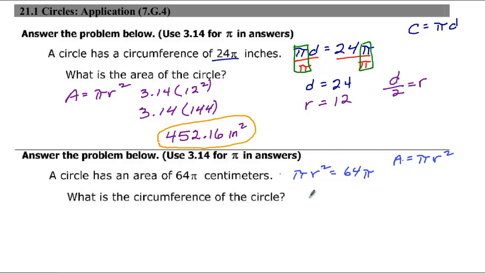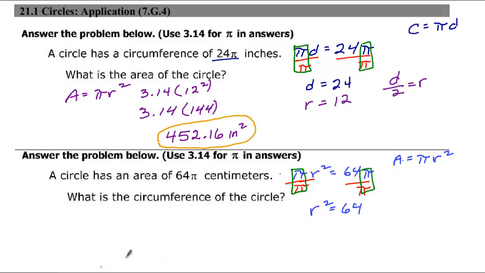All right. Once again, I'm going to divide both sides by pi. That allows me to eliminate the pi on both sides. And I know that the radius squared equals 64.